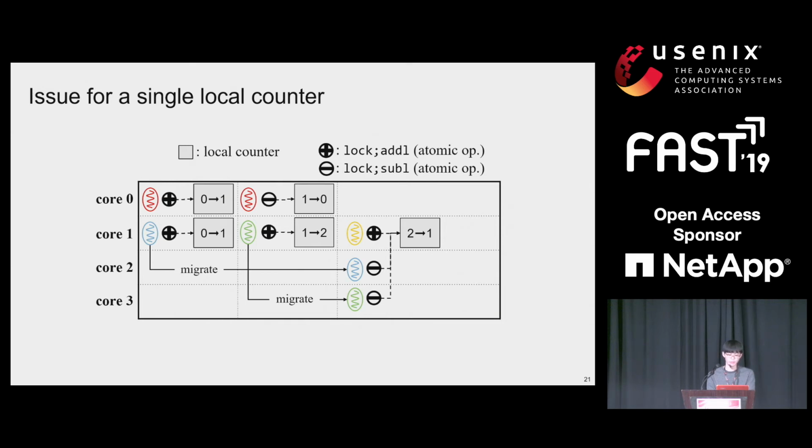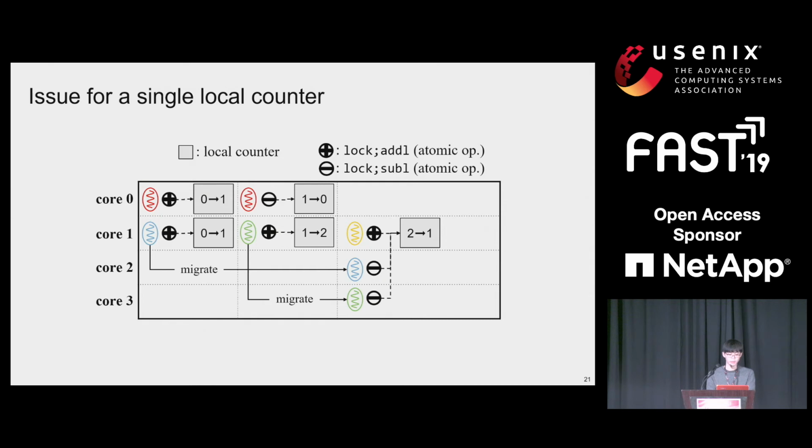To avoid a data race on the local reference counter, a process always has to use atomic instruction to access the reference counter, regardless of the type of core it is currently running on.